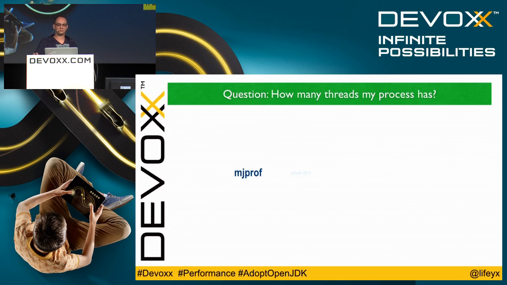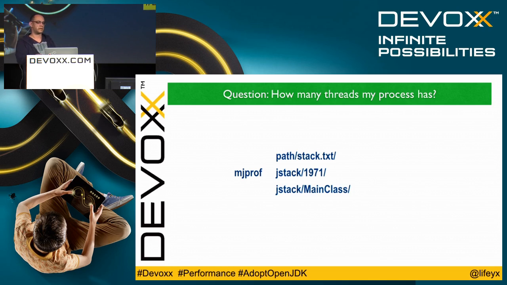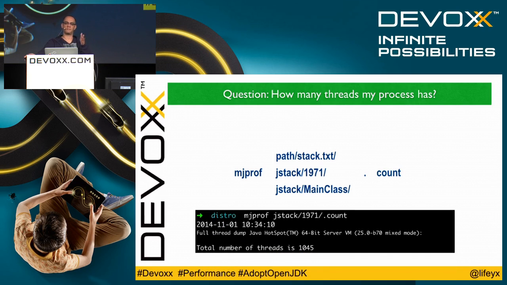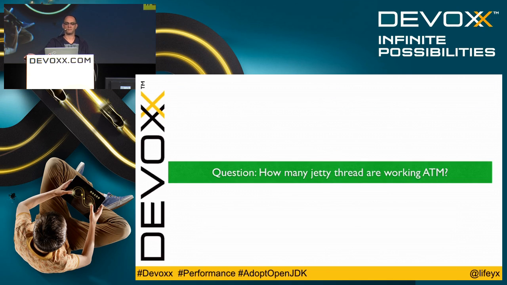So I run mjprof, and then I can either give it a stack from a file, or I can attach to a process number 1971, or I can attach to a process which has the main class, and I get a thread dump. And then I concatenate a period and a count, and I will get the number of threads in the process. It sounds really silly, but we're just warming up.